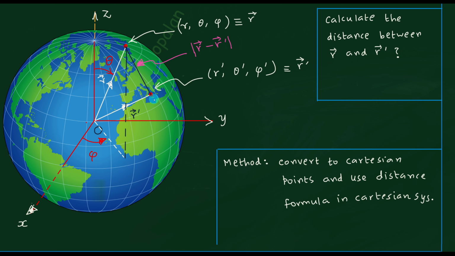The three coordinates of that red color point will be r prime, theta prime, and phi prime.